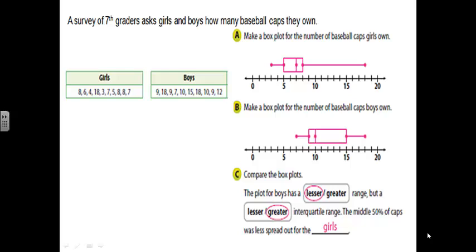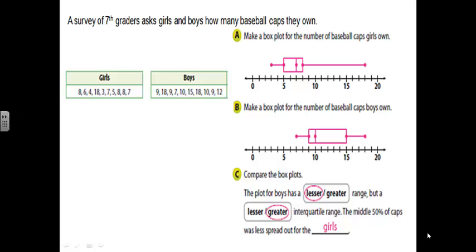Another way to represent data and to make inferences or predictions is the box plot. Now, in this example, there was a survey done of 7th graders, and they asked the girls and boys how many baseball caps they own. If you look to the left, you see the data that the girls had.